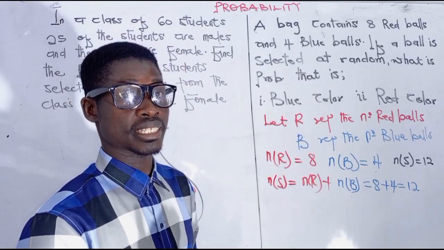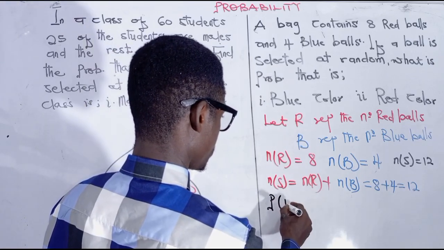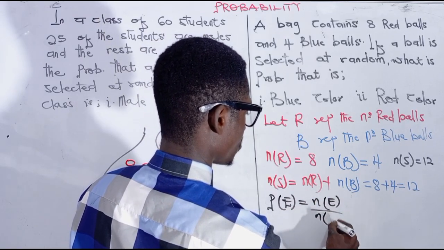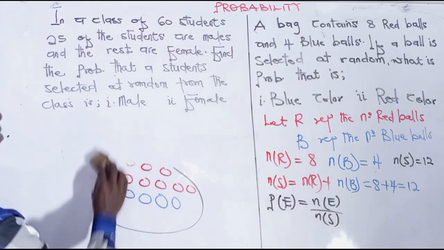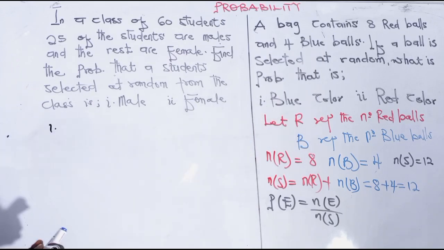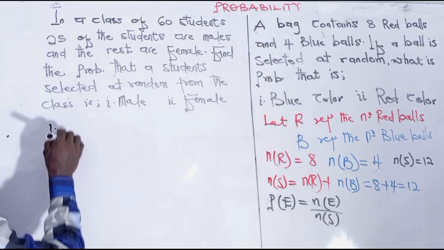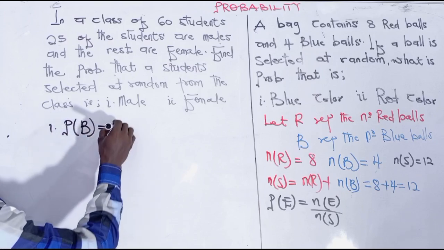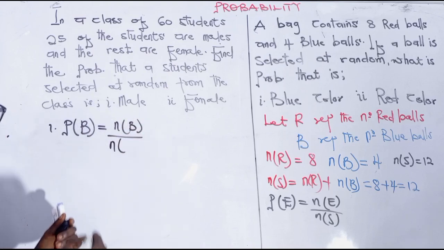In our previous lesson, we discussed that the probability of an event is given as the number of outcomes in the event all over the number of outcomes in the sample space.